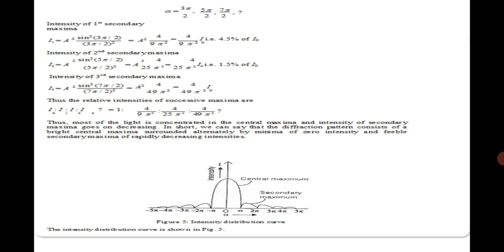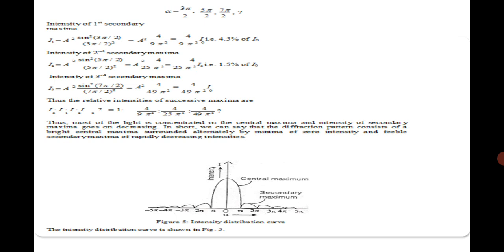Intensity of first secondary maxima: I1 is equal to a square sin square 3 pi by 2 divided by 3 pi by 2 whole square, which implies a square into 4 divided by 9 pi square, which implies 4 divided by 9 pi square into I naught, that is 4.5% of I naught.